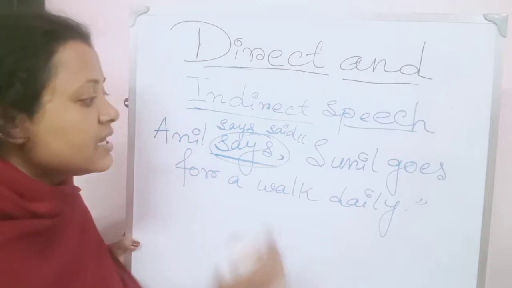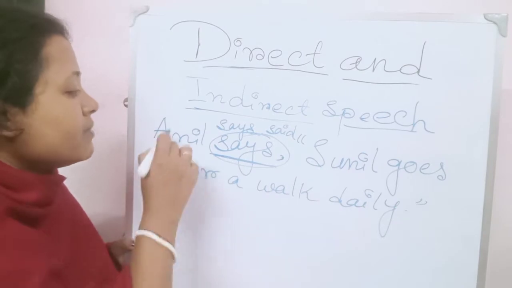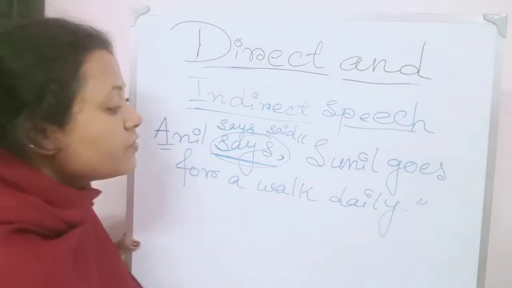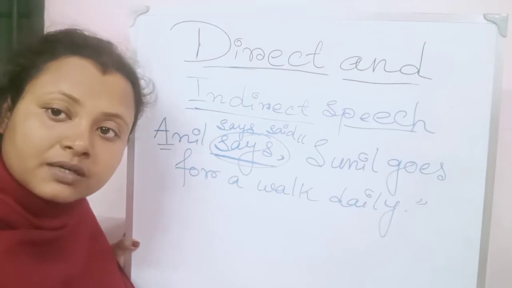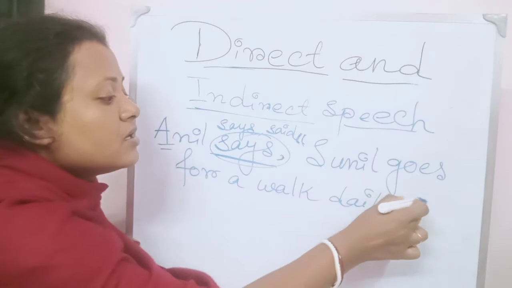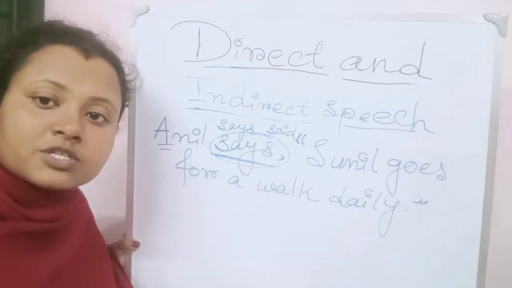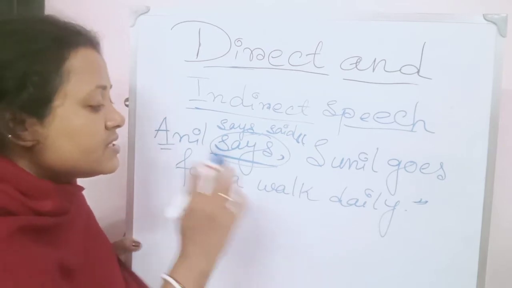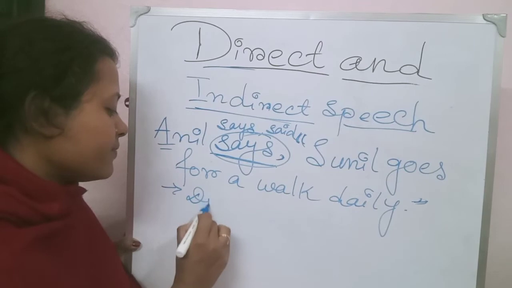Okay, students? Then comes the exact words spoken by the speaker. The speaker over here is Anil. The exact words of the speaker are given within the inverted commas. So how will you identify whether the sentence is written in direct speech or indirect speech? You will see the sentence is written within the inverted commas.